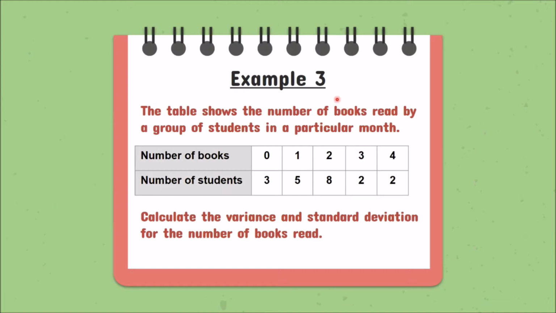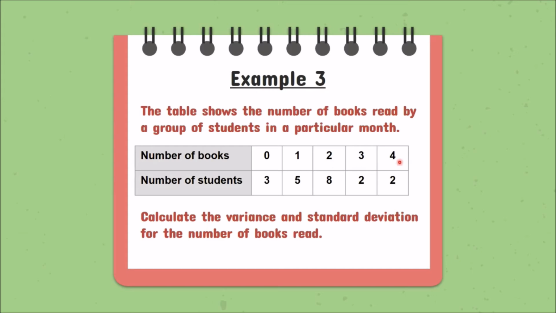Okay, let's look at example 3. The table shows the number of books read by a group of students in a particular month. This is the frequency table, as I mentioned before. Number of books 0, number of students 3; number of books 1, number of students 5; 2, 8; 3, 2; 4, 2.